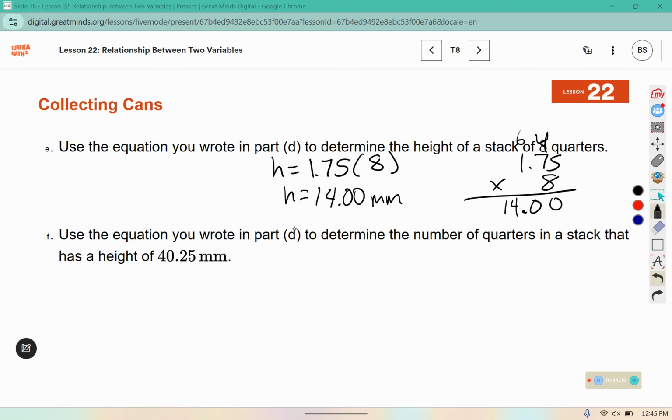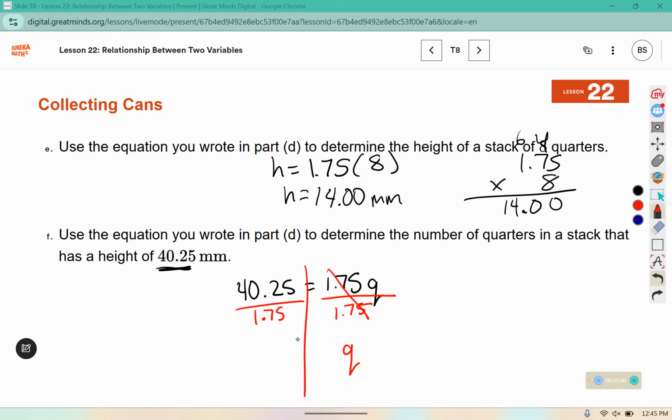Use the equation we wrote in part D to determine the number of quarters if the height was 40.25. The height was represented by H, so we're replacing the H with 40.25. And we need to solve it for Q, the number of quarters. 1.75 is being multiplied by Q, so to undo that, we need to divide, and do so on both sides to keep our equation balanced.